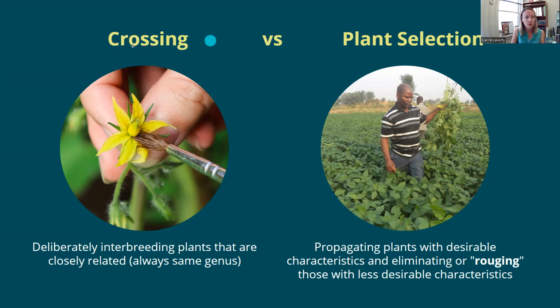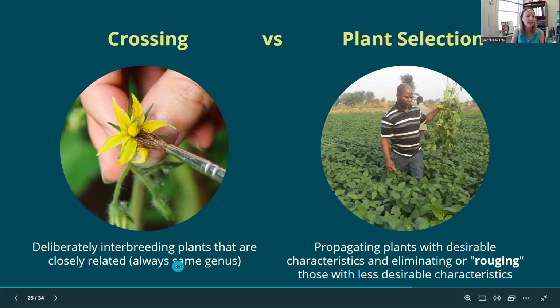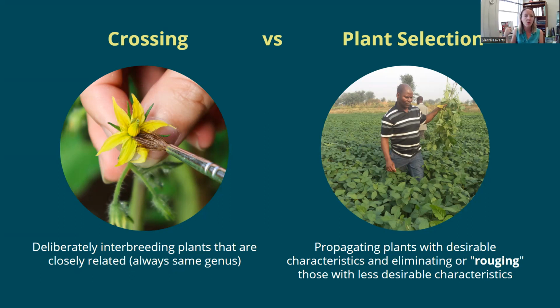So when you're working with crossing plants, you're interbreeding plants that are closely related. Either in the same genus, or maybe they're the same species, but they always have to be the same genus. So it's very unlikely that you'd cross two different genera.